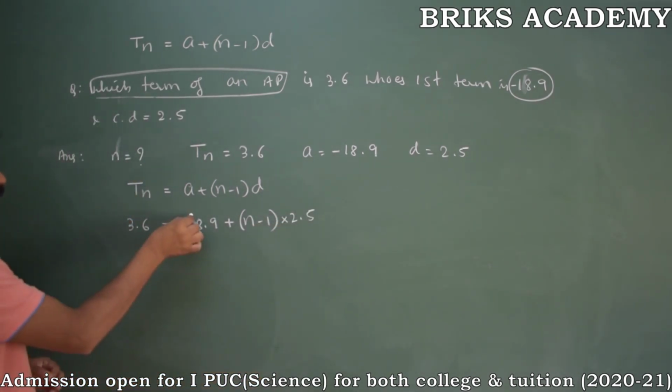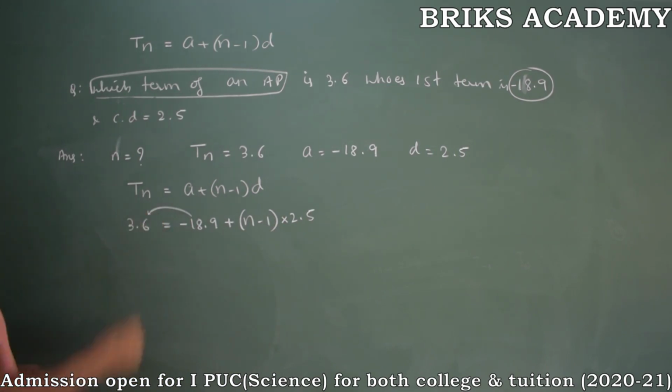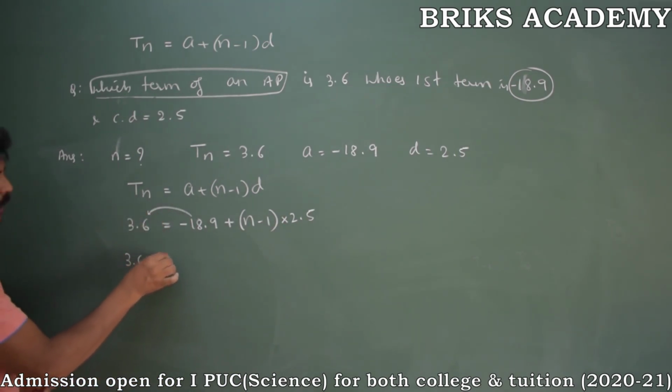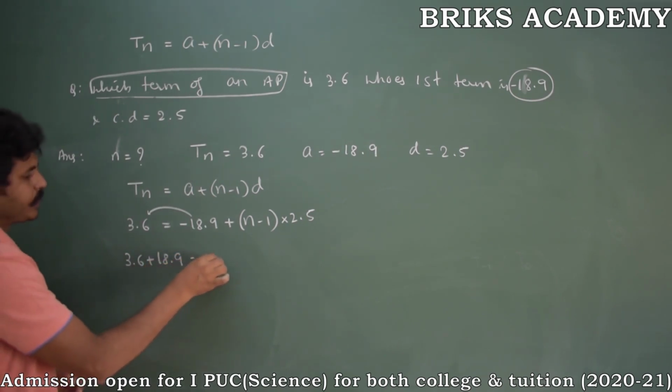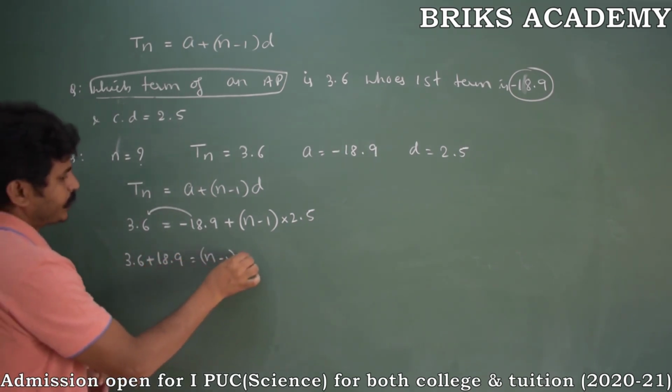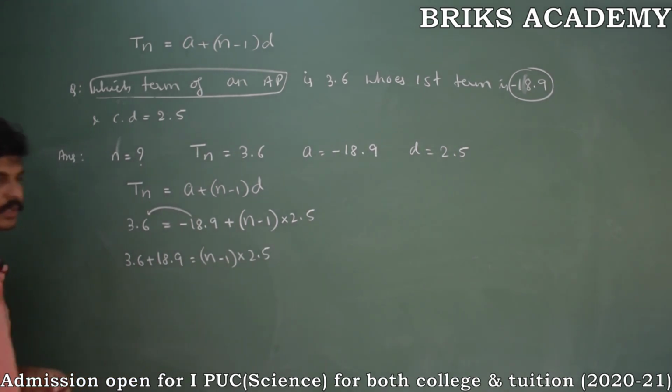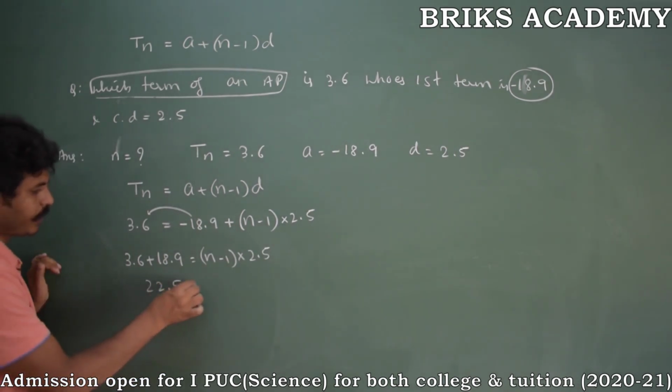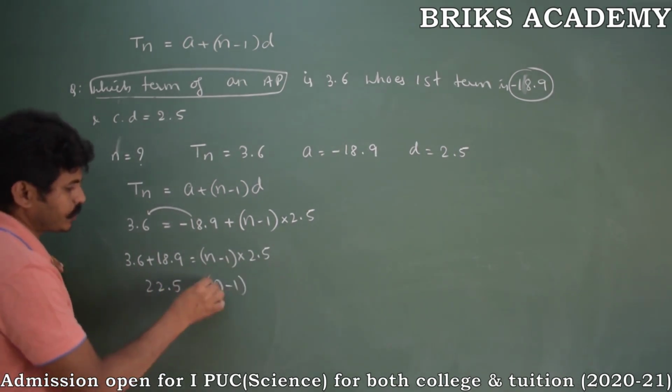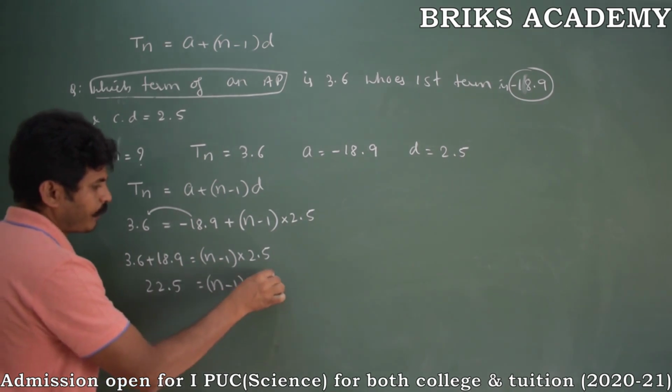Now minus 18.9, if I take this side it becomes plus 18.9. 3.6 plus 18.9, how much is it? 22.5 equal to n minus 1 into 2.5.